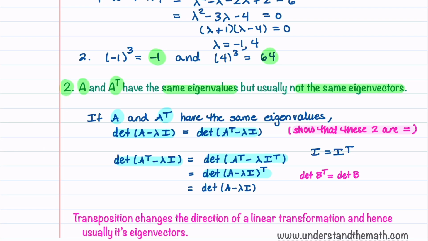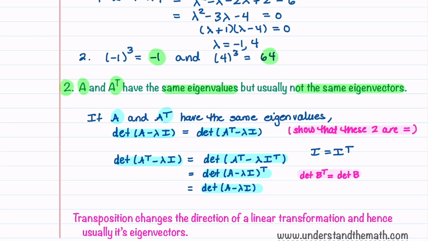We'll then use the fact that the determinant of a matrix transposed is the same as the determinant of the matrix, and that tells us that the determinant of A minus lambda I transposed is just the determinant of A minus lambda I. Because these two quantities are equal, A and A transpose have the same eigenvalues.